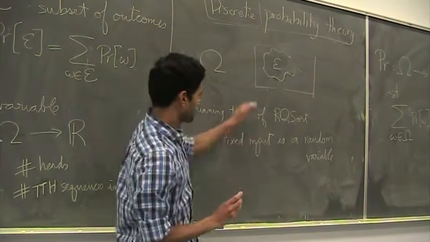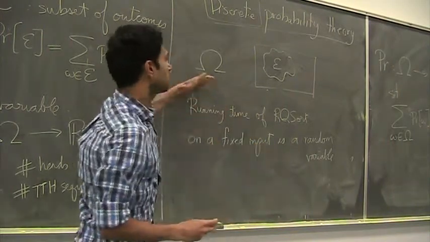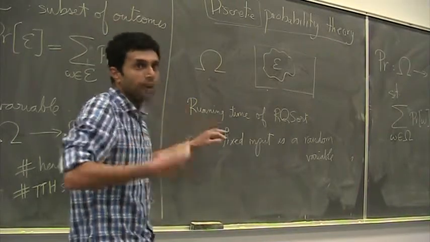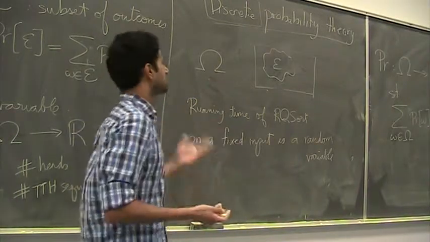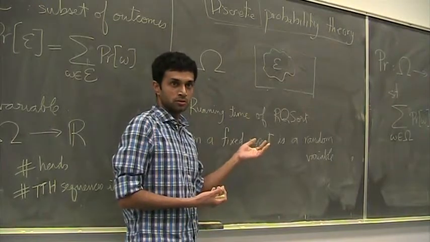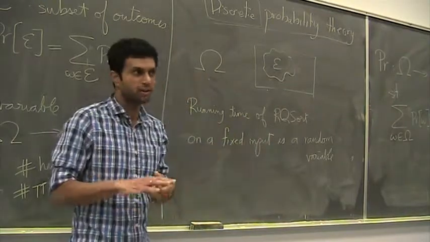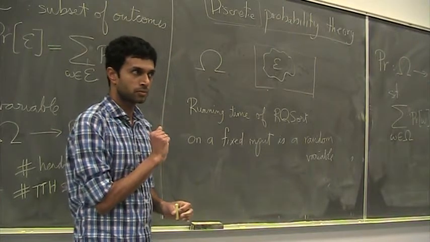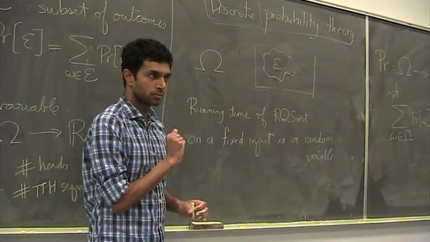Now that you have this notion of a running time as a random variable, you can ask what is the average running time, because it's the average over all of these. That's how you formally define your intuitive notion. Questions? Make sense? Okay.